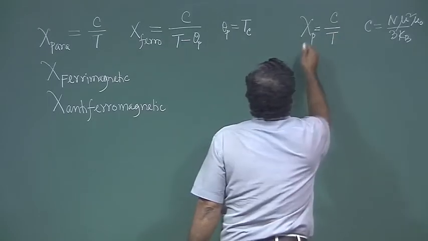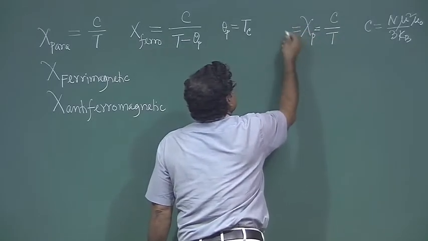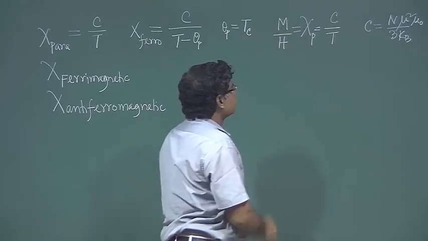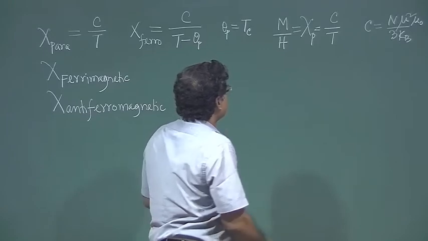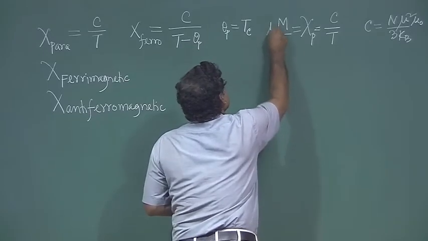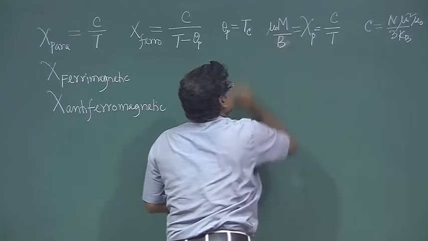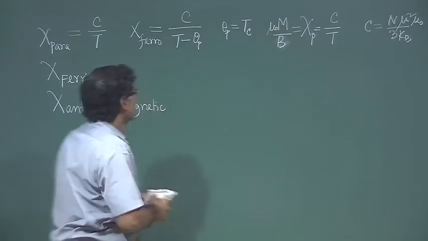and chi is nothing but M by H, or sometimes we write it this way, mu 0 M by B, whatever. Okay.